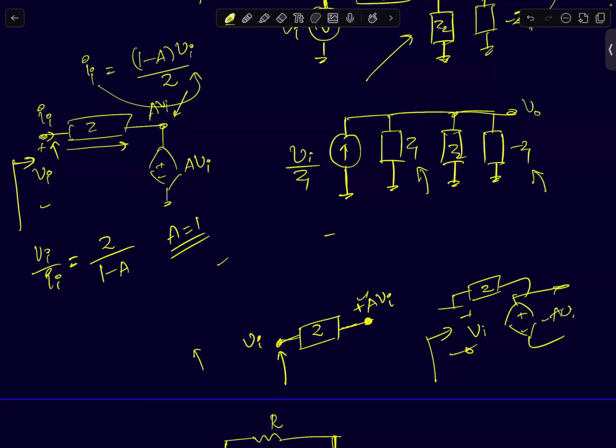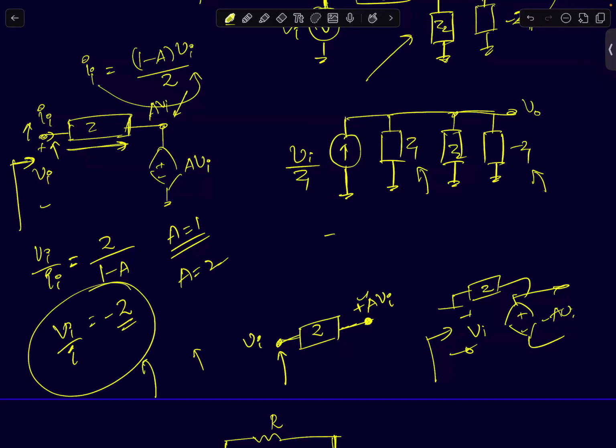Okay. So if I choose A equal to 1, then that will look like an open circuit. There will be no current flowing through this impedance, even if you change this input voltage. It will appear like a unity gain and it will appear like an infinite impedance. If I choose A equal to 2, then I'm going to get a perfect negative impedance.